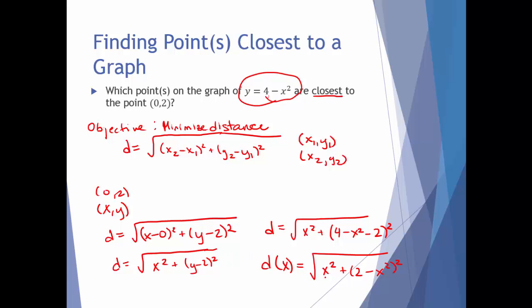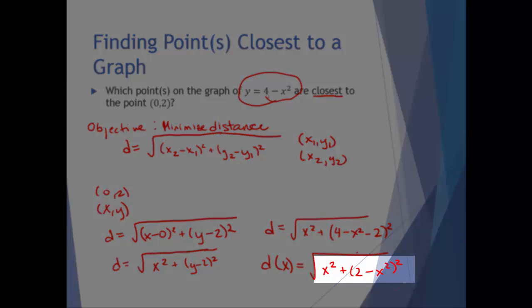Now that we have it as a function of one variable, we can look at its critical numbers, which means we're going to take the derivative of this. But this is where that little conceptual conversation that we just had comes into play. I can take the derivative of this involving the square root, but because I'm planning on not just taking the derivative but optimizing, I can instead just optimize what's under the radical, which will make my derivative a lot easier to take.